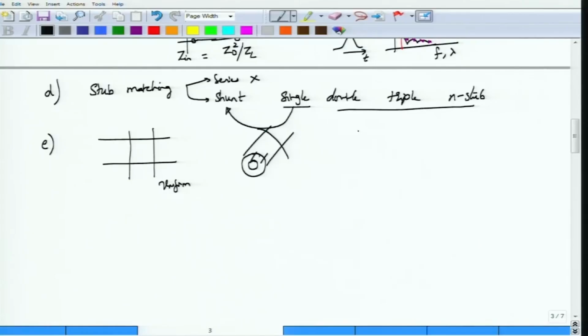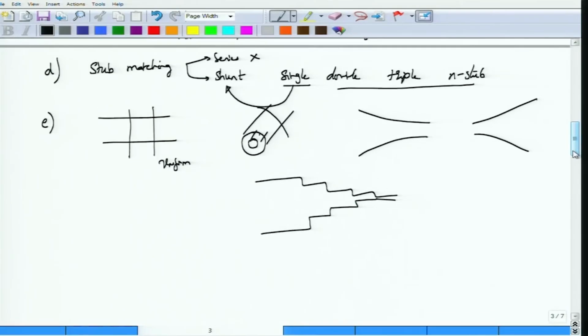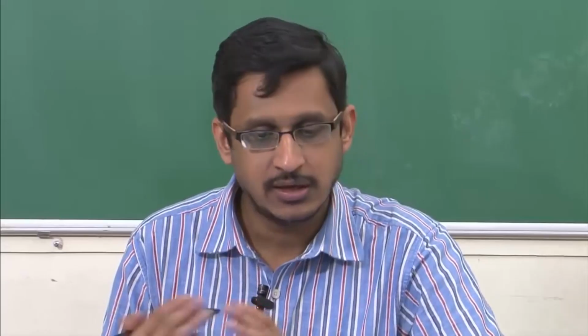But it is also possible to taper these transmission lines, or exponentially increase, or you connect multiple sections of the transmission line. Probably the figure did not come out very nice, but these different kinds of non-uniform transmission lines are quite widely used in microwave circuits in order to perform impedance matching because of their wide bandwidth characteristic, something that is required when you are transmitting pulses on a transmission line.